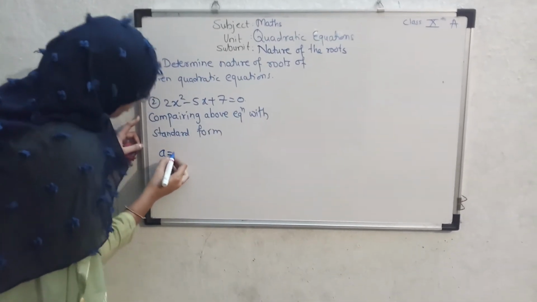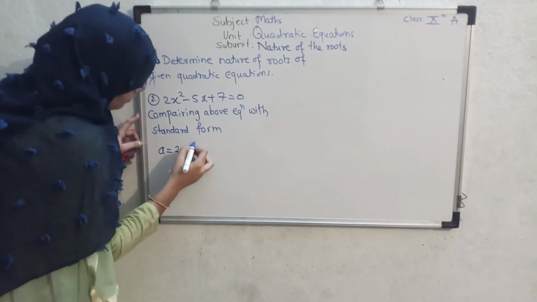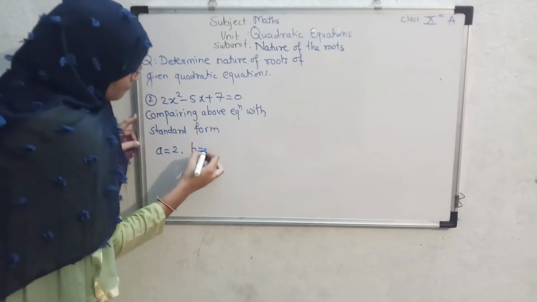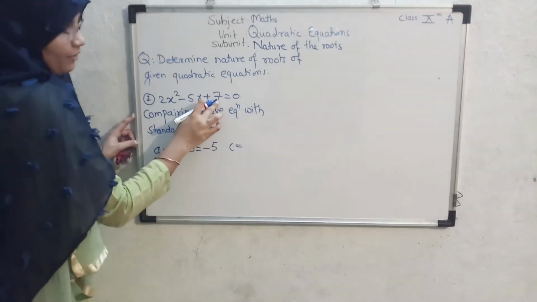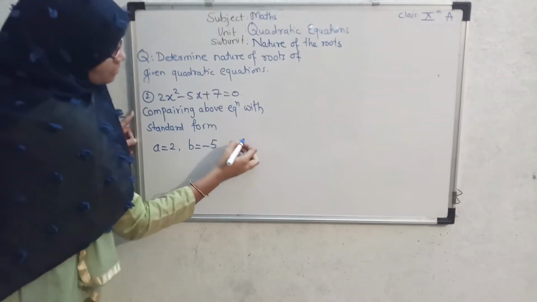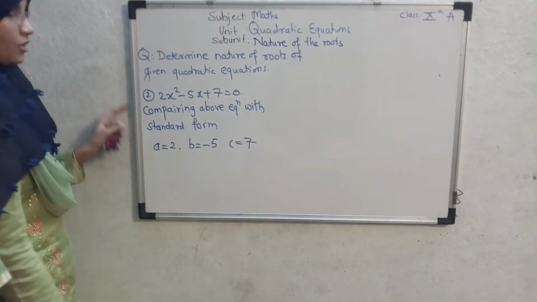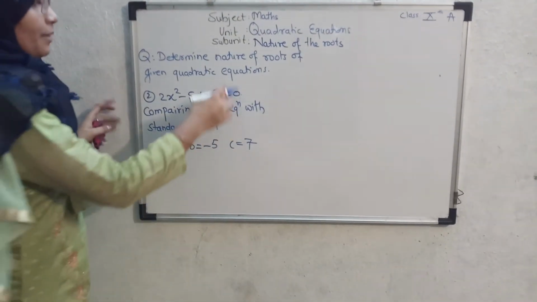We got a as 2, b as minus 5, and c, the constant term having no x or x square, is 7. Now calculate first. We have to determine the nature of the roots.